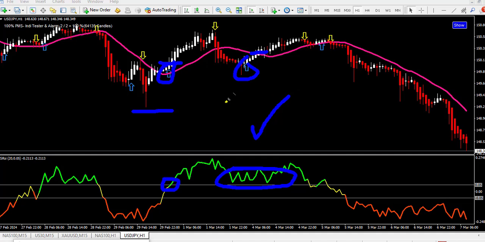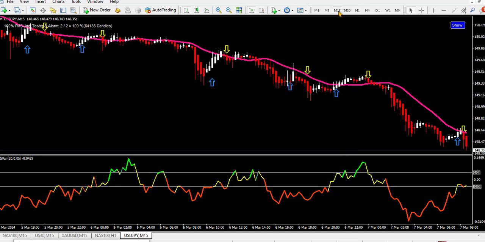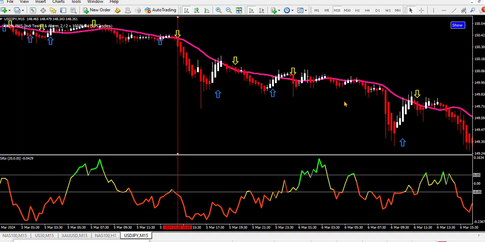And if you want to scalp on a lower time frame, you can just demarcate where you have the signal generated on the higher time frame, like 1 hour, and go back to a lower time frame to scalp in the direction of the higher time frame. Yes, it is on the 1 hour. Let's go back to 15 minutes to check it out. Here on 15 minutes we have a sell signal here.